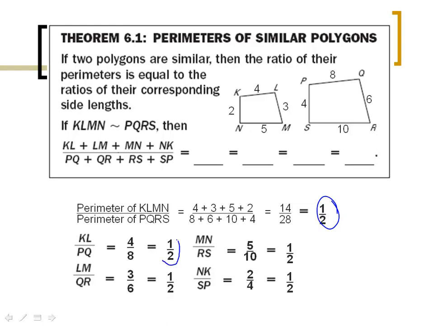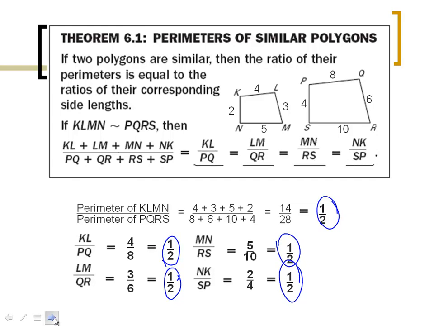So you notice the scale factor of all my sides, after you reduce that ratio, is 1/2, just like it was for the perimeter. So the proportions are the same for perimeter and side lengths. So I'm just going to fill this in. This stands for the perimeter, and here's my individual sides.